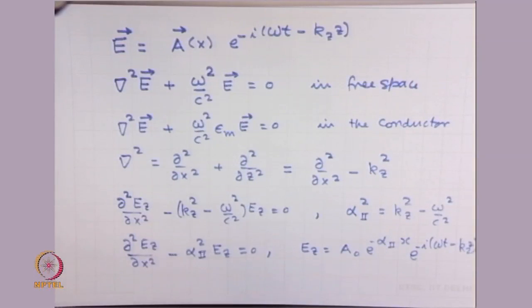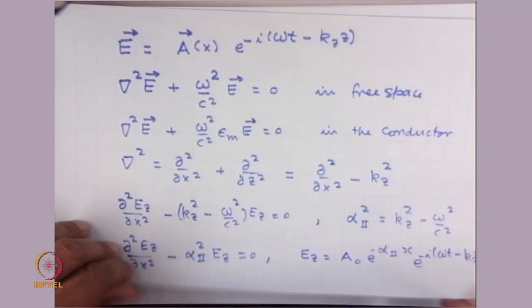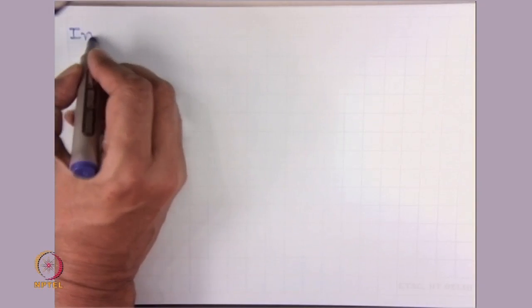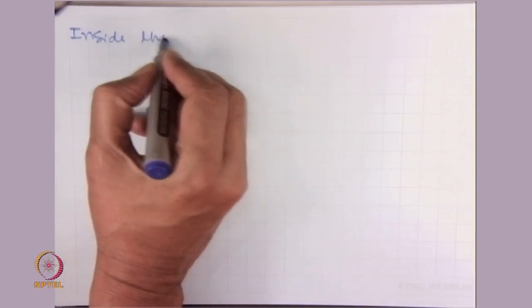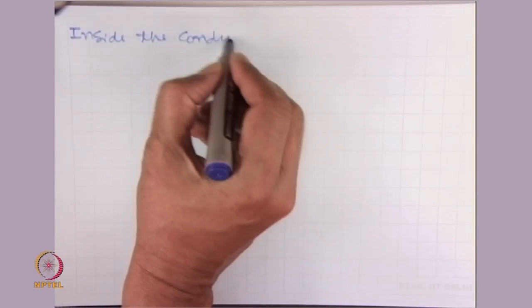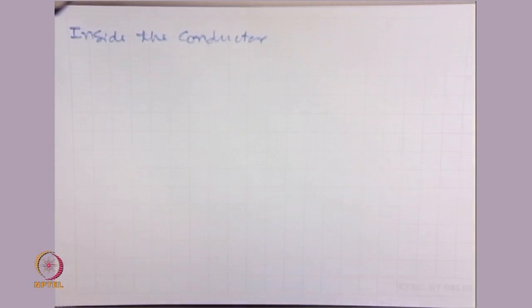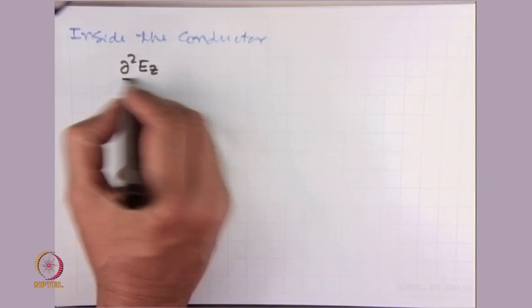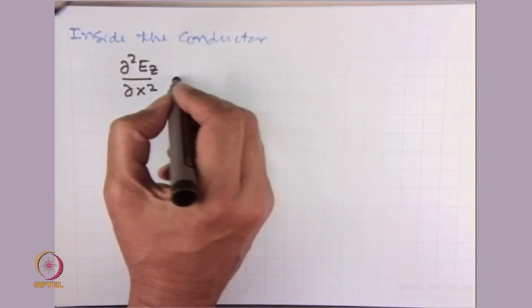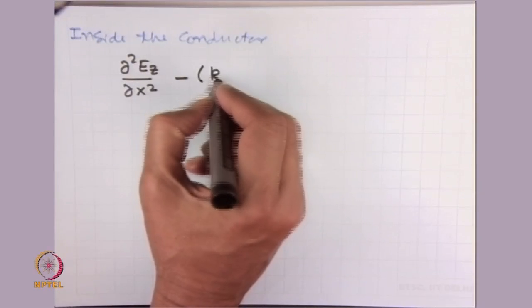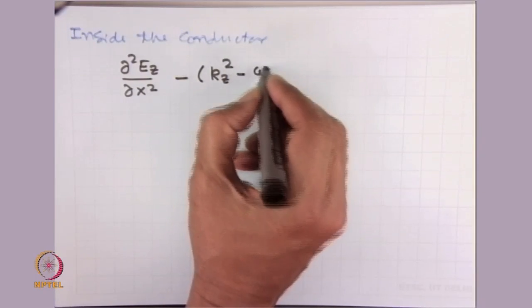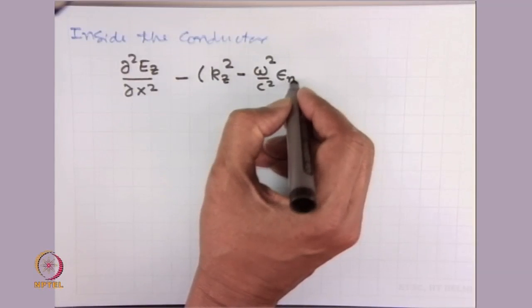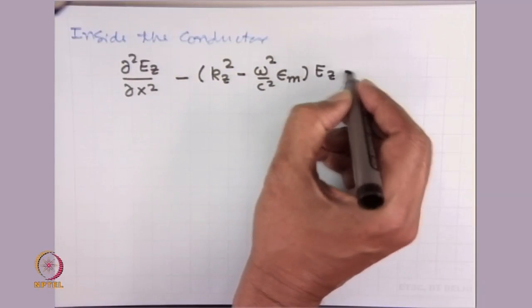Then my equation for Ez in the lower medium, inside the conductor, would be d square Ez by dx square minus kz square minus omega square by c square epsilon m, into Ez is equal to 0.